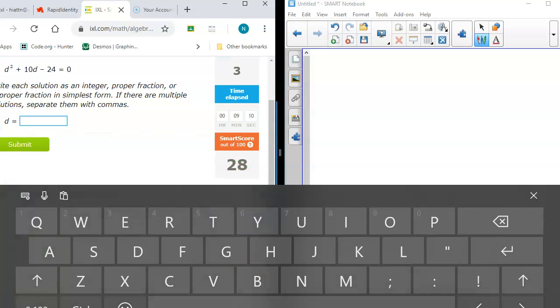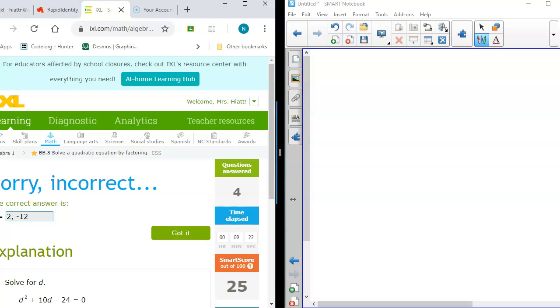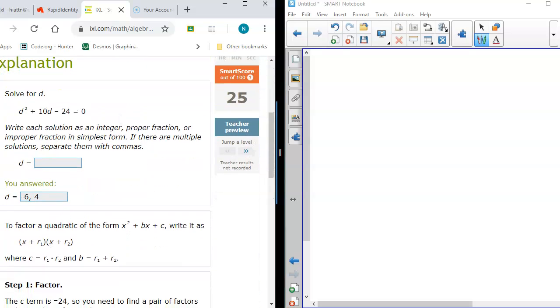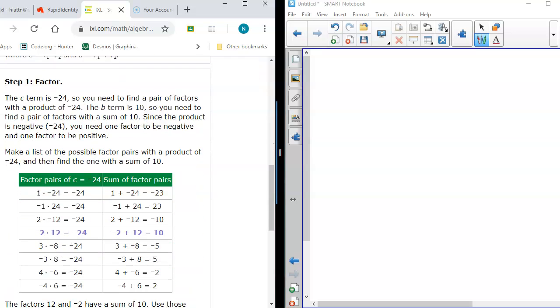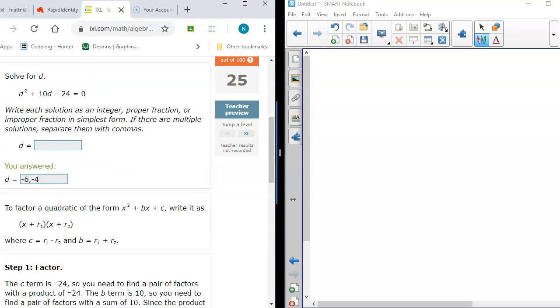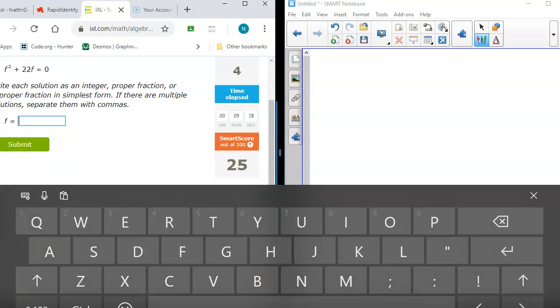All right, let's see, that one is going to be negative 6 and negative 4. Oh, no, that's positive. Oh, no, okay, sorry. I was trying to do that in my head. I'm making it worse.